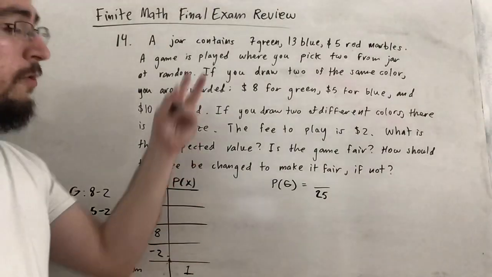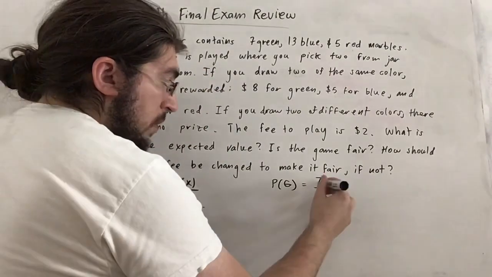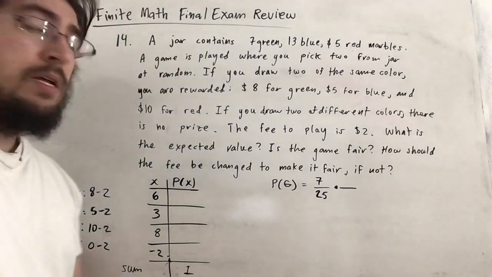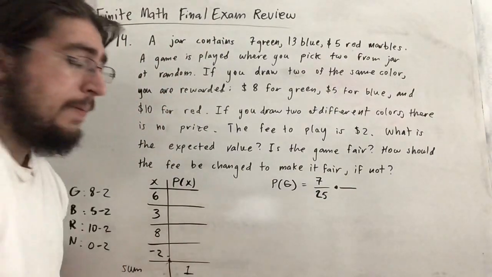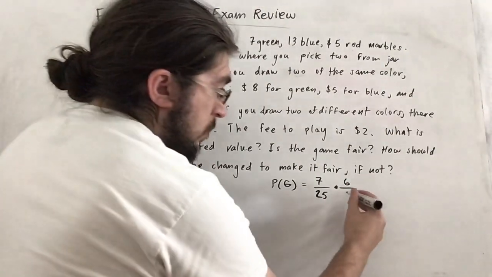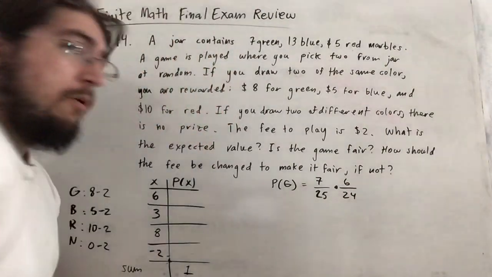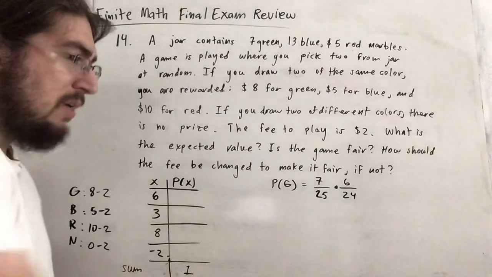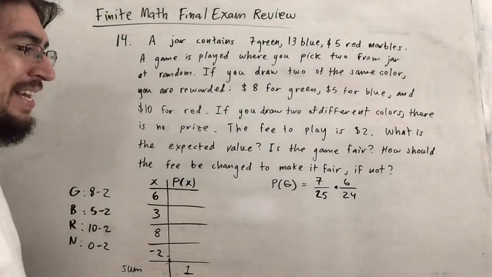Now we want to draw green, so there's going to be 7 out of those 25 will be green. Multiplied by, for our second draw, if we want to draw 2 green, then there will be 1 less green, so 6 now in the jar, out of 24 because we already drew 1 without replacement. So we draw 1, then we draw another one. That's kind of what's going on here.